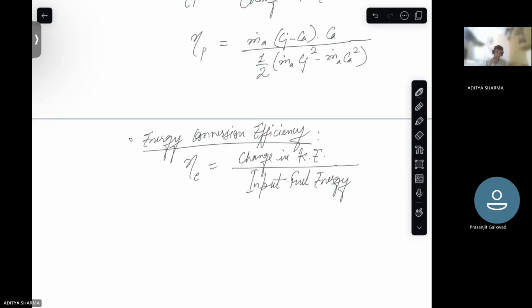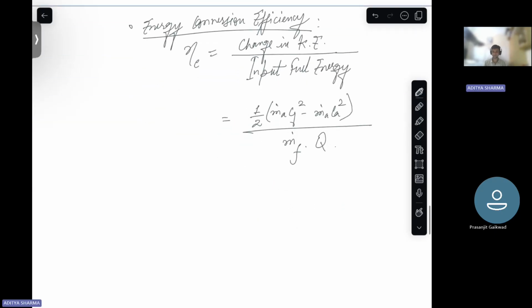Okay, so this is your energy conversion efficiency.